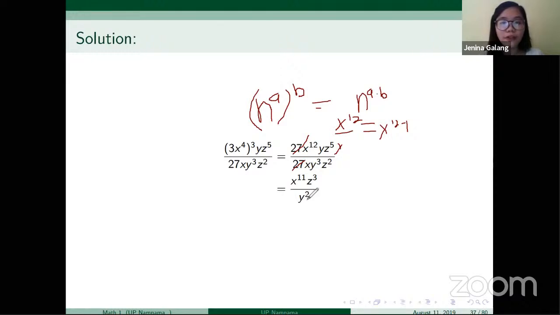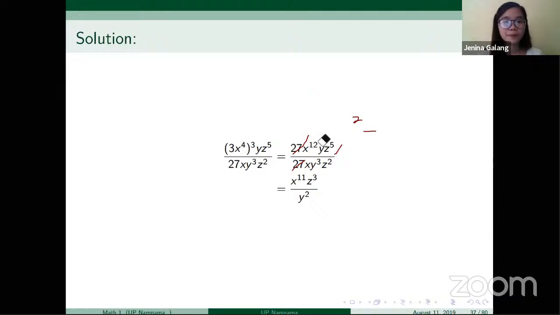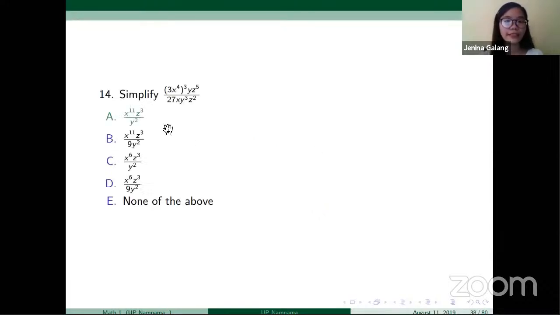So we have y squared sa denominator, and z raised to 5 less 2 is equal to z raised to 3. So, letter A.